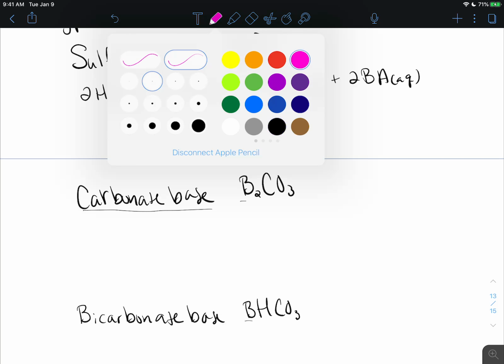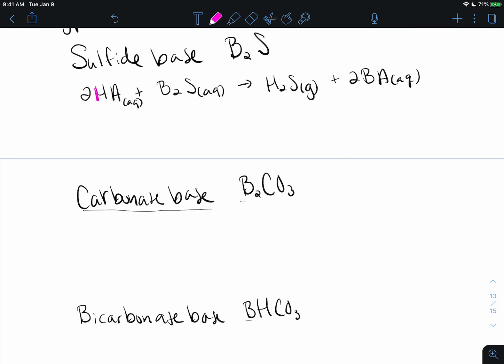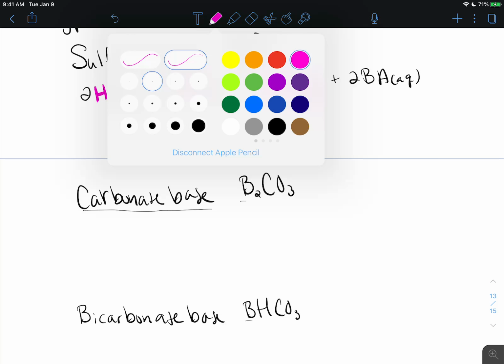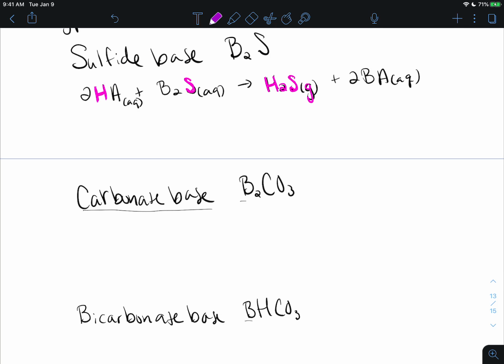So what's going on here is we have 2 hydrogens coming from our acid, combining with the sulfur to produce H2S gas. And then everything that's left over is going to combine to form a salt. Just pay attention to stoichiometry and you'll be fine.